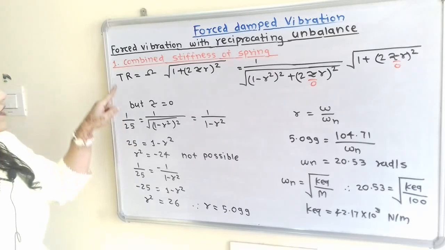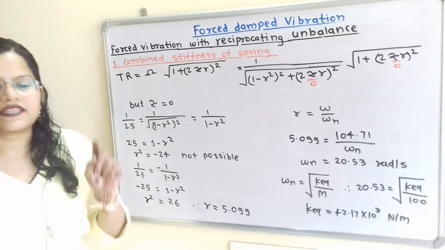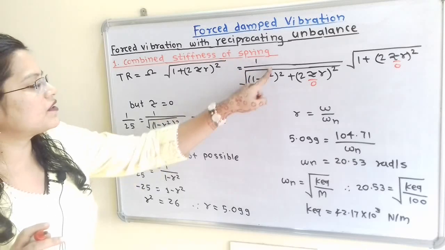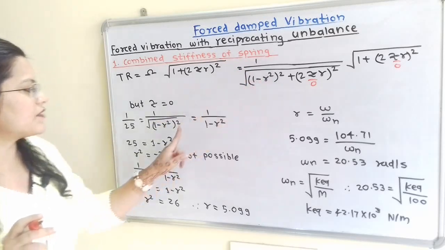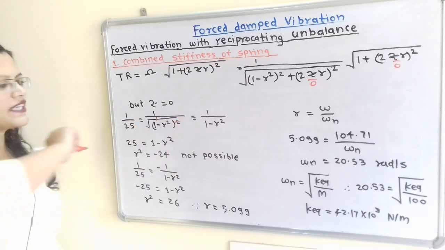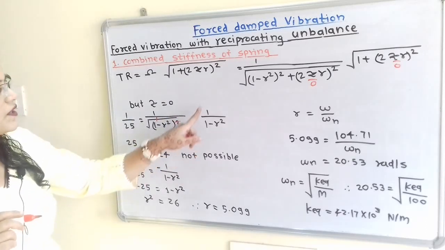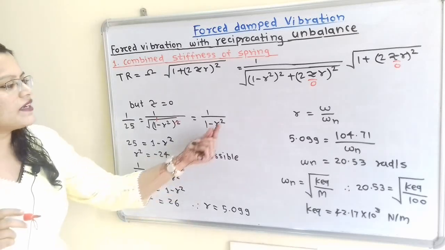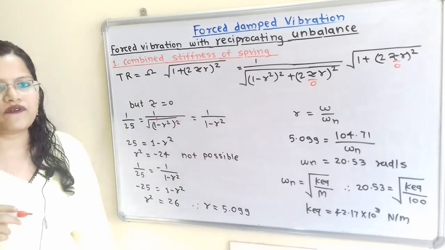So we can write here transmissibility, that is 1 by 25 is equal to 1 divided by under root of (1 minus r square) bracket square. Now this square and square root is getting cancelled. So which is equal to 1 divided by 1 minus r square. Now we will try to find out the value of r.